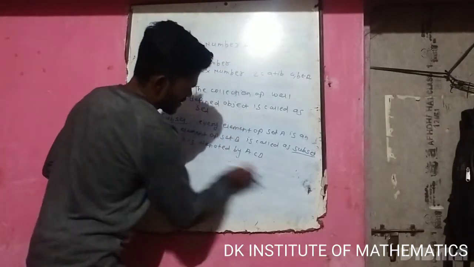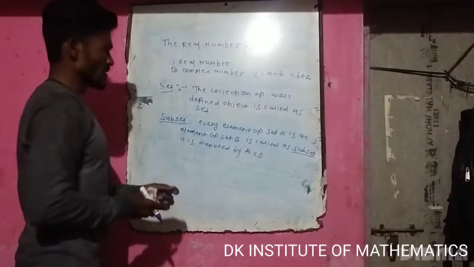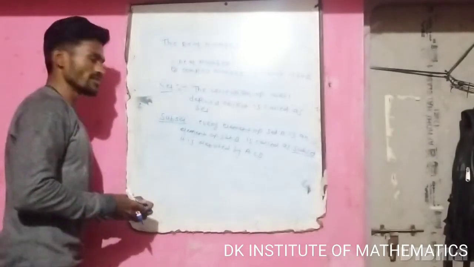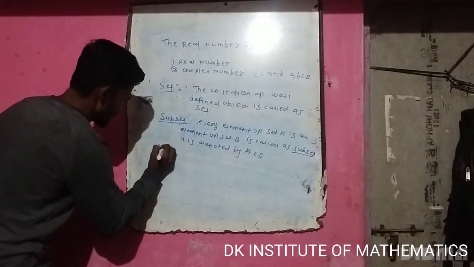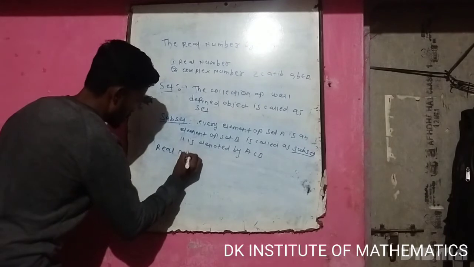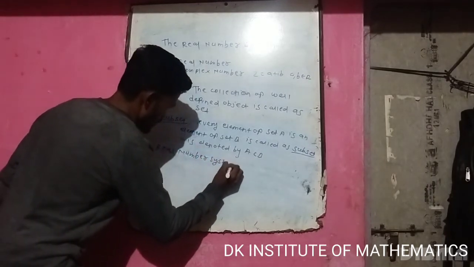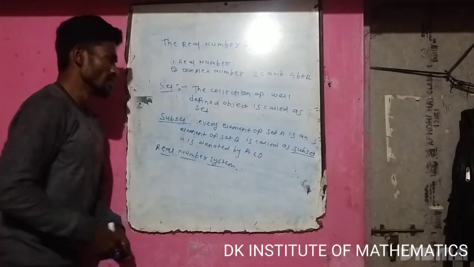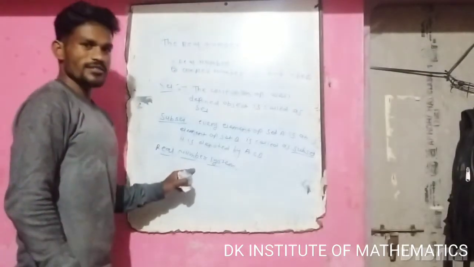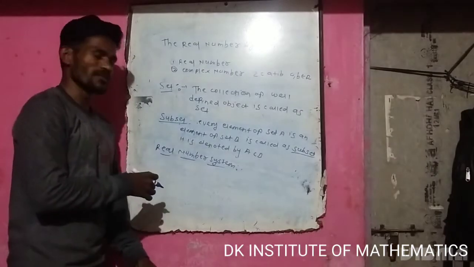Next, we define the real number system. What is the real number system? The combination of rational numbers and irrational numbers is called the real number system.